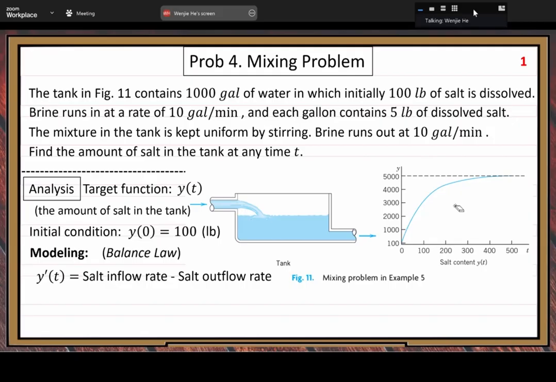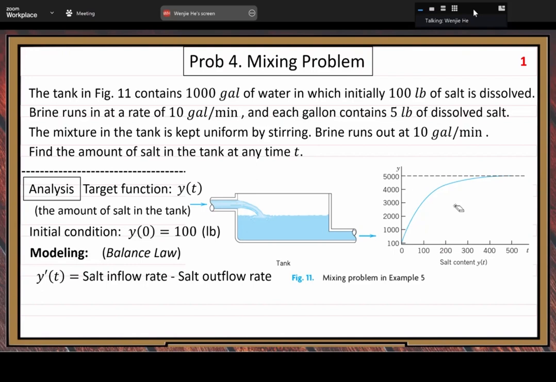inflow minus outflow. With inflow, you add salt: when the brine flows in, you add a certain amount of salt. With outflow, you lose a certain amount of salt.